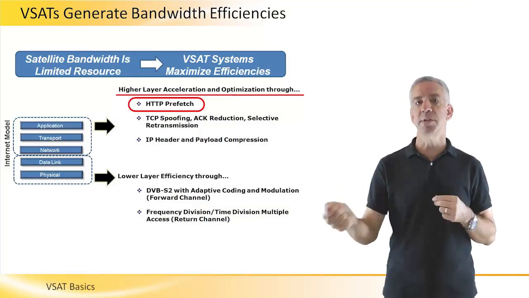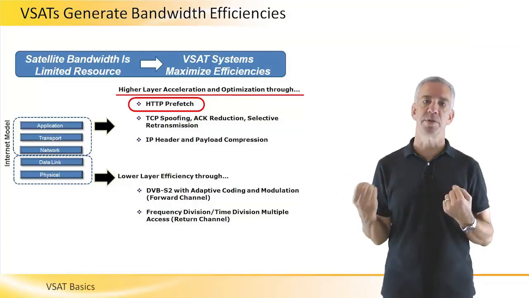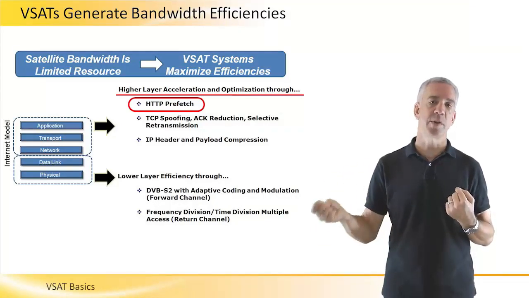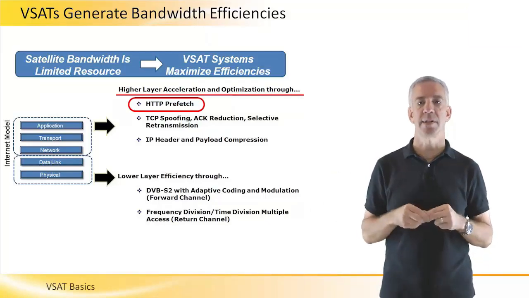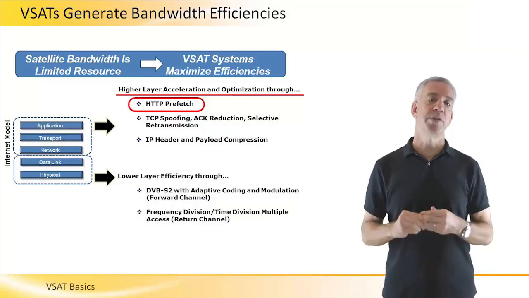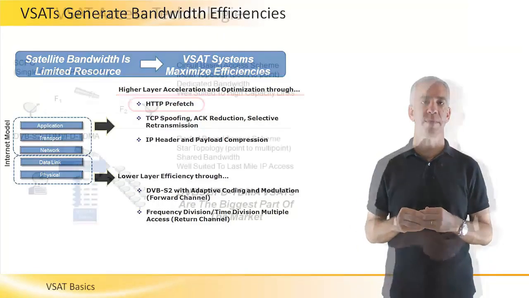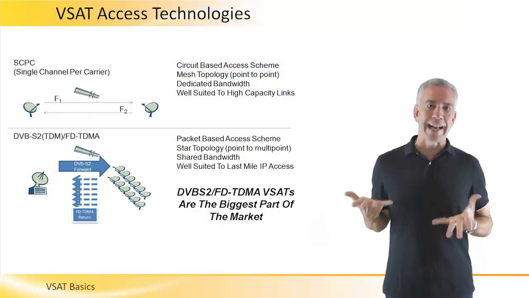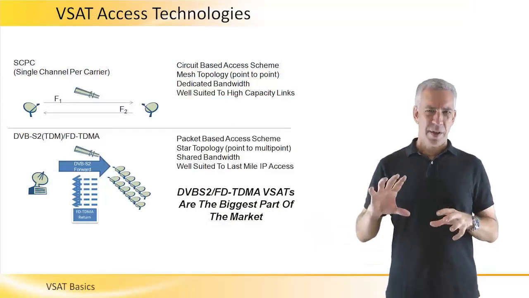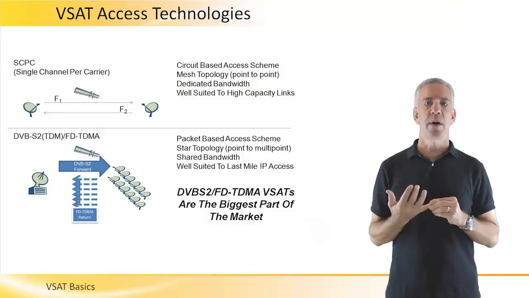This reduces the capacity on the return channel so that the VSAT doesn't have to transmit browser requests across the satellite. And then finally, we can also apply compression to HTTP objects, though that can result in loss.